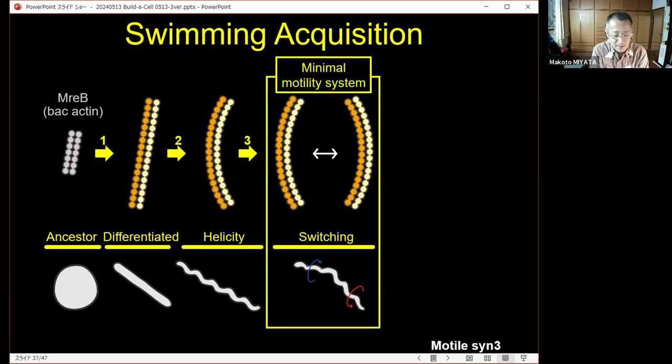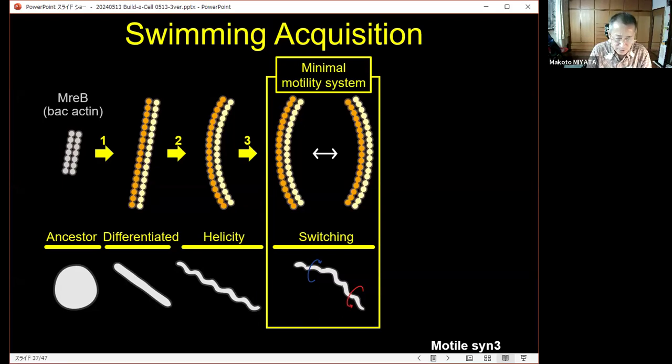Regarding the experiments, we achieved a minimal motility system, because we don't know anything else which can give cell motility with this small set of proteins. So we can say that we achieved a minimal motility system in a minimal bacterium.